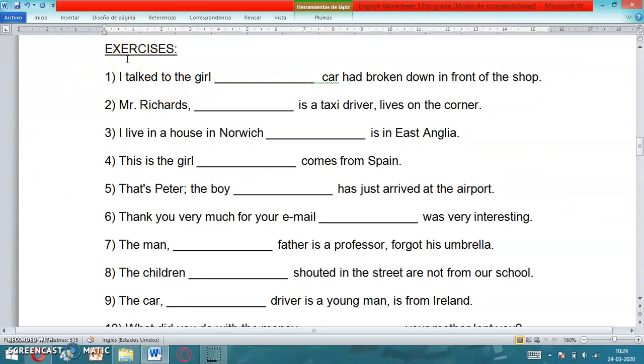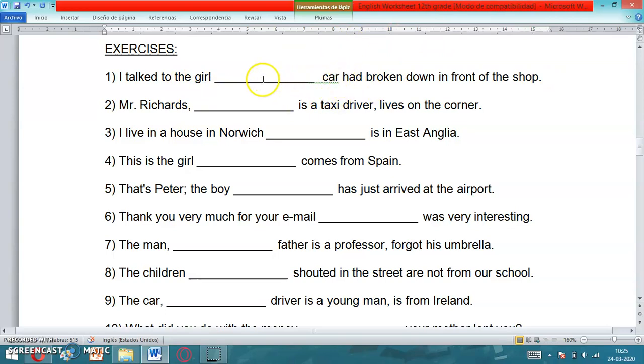We have to notice first the subject of the sentence. Okay? I talked to the girl. Car had broken down in front of the shop. In this case, the subject is not the girl, it's the car.